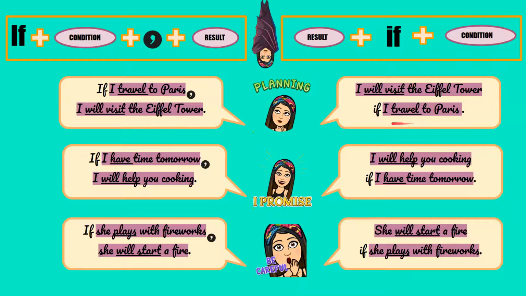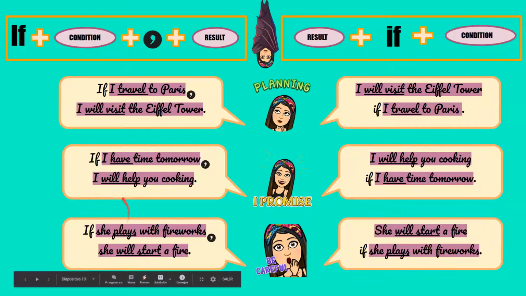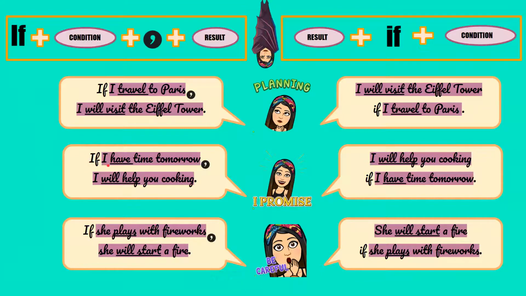It is the same in Spanish. Si viajo a París, visitaré la Torre Eiffel. Pero también puedo decir, visitaré la Torre Eiffel si viajo a París. And it's the same with the other two examples. If I have time tomorrow, I will help you cooking, or I will help you cooking if I have time tomorrow.